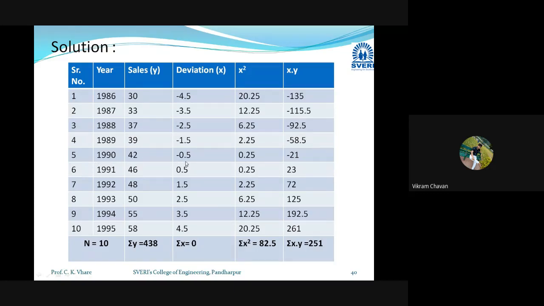Previous to that midway period we provide negative 0.5 deviation, and next to that origin we provide 0.5 for the next year, 1991.